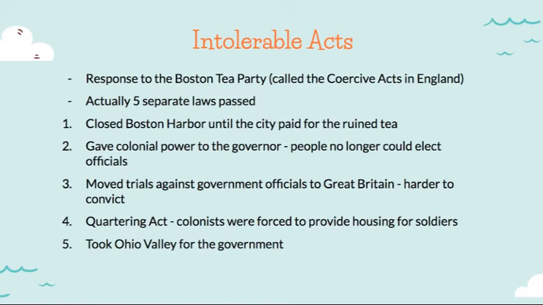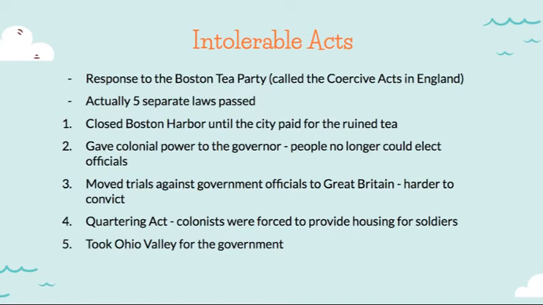One of them closed Boston Harbor to all imports and exports until the city paid for the tea that they ruined, the tea they threw into Boston Harbor. So by closing Boston Harbor, the colonists could not get goods shipped into the colonies, and they could not export, meaning they could not make money from the product that they were exporting.